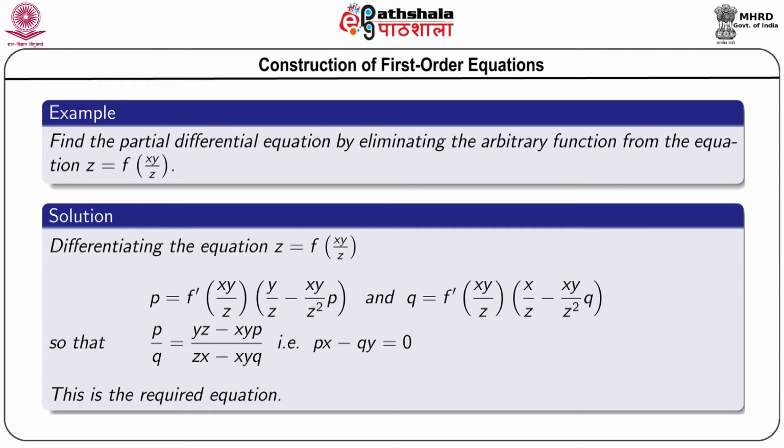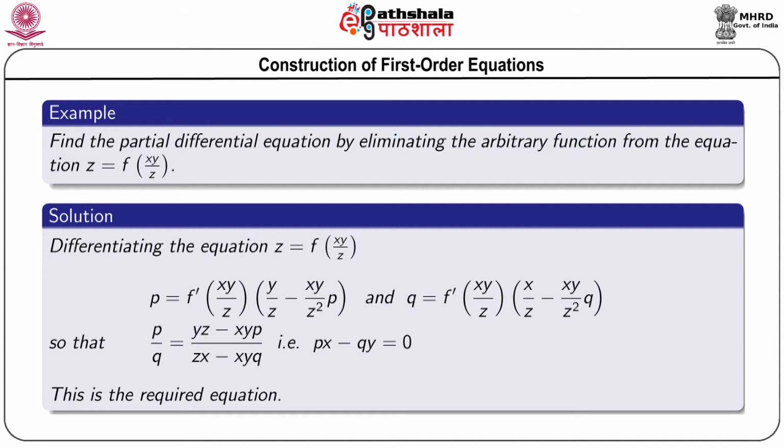Now, from this equation, if we differentiate it with respect to x and y, we will get two relations in the form p equals f dash (xy by z) into (y by z minus xy by z square p), and q equals f dash (xy by z) into (x by z minus xy by z square q). So, from these two equations we get the value of p by q in this form.